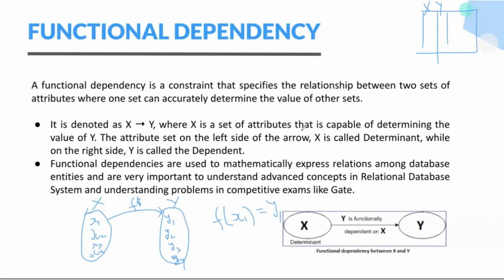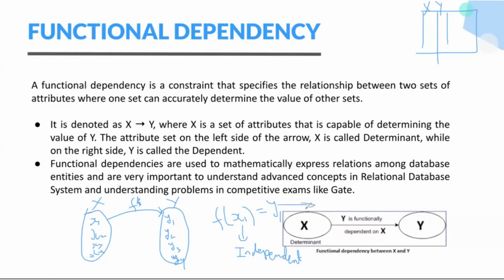That means X is a set of attributes that is capable of determining the value of Y. In machine learning, or in general in maths, these input arguments are known as independent events or independent columns. They are independent, they can be anything, they have full independency: independent columns, independent attributes, independent features.